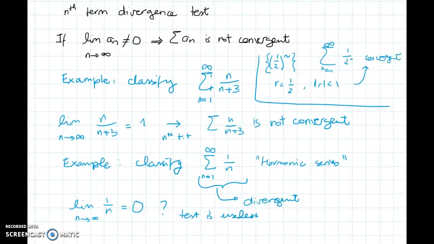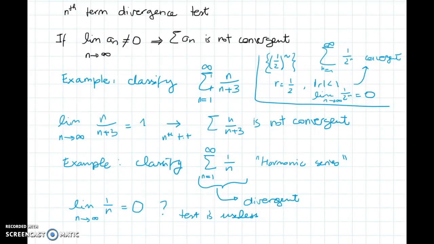If we didn't know that and we tried to apply the n-term divergent test, we'd have to look at the limit of 1 over 2 to the n as n approaches infinity, and we will see that this limit is actually 0. So what's going on over here? If we get a limit that is not 0, this result helps us classify the series as not convergent.